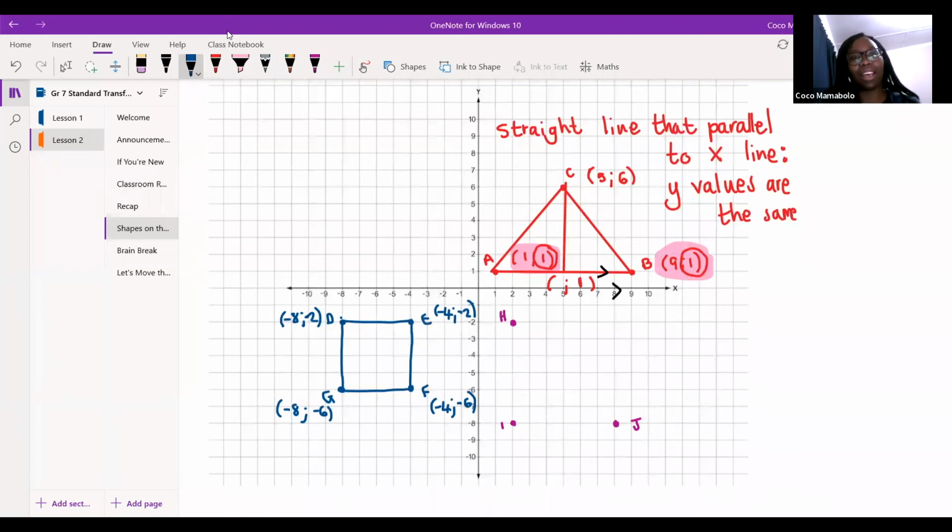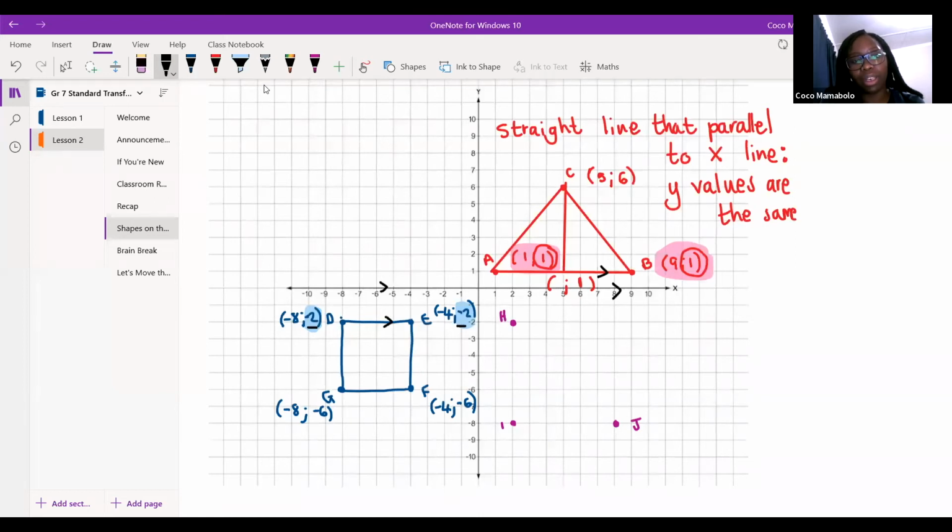Now, remember, guys, how we were talking about if this is a straight line and the straight line is parallel to my X line, what did we say all my Y values will be? If these two lines are parallel, what will happen to all my Y values on this line?